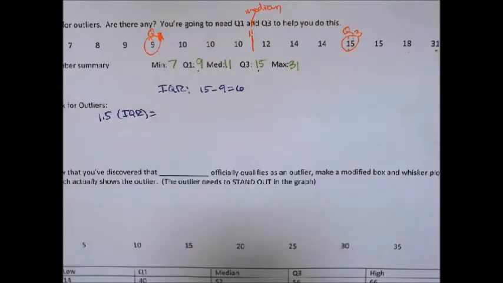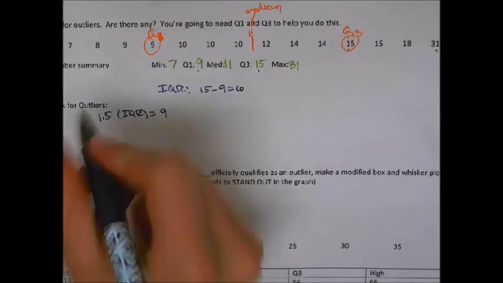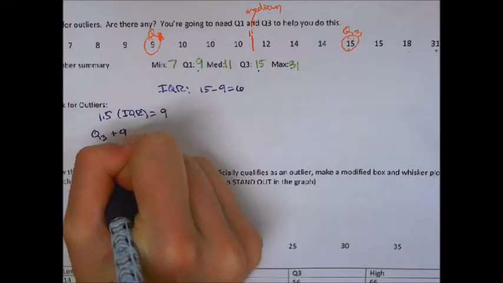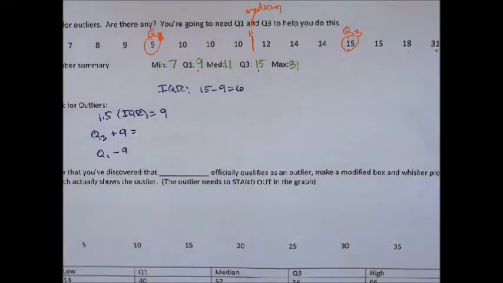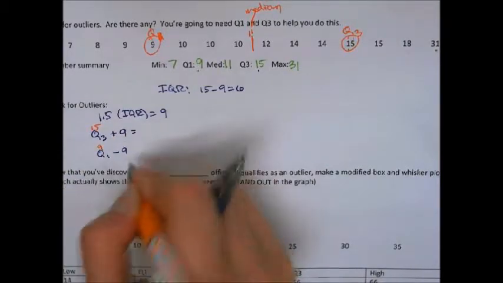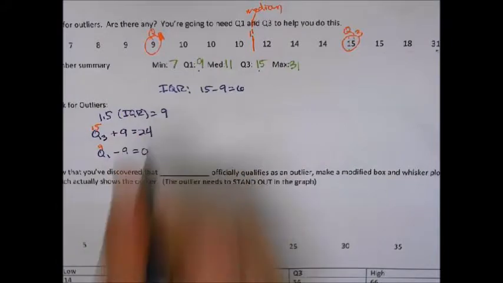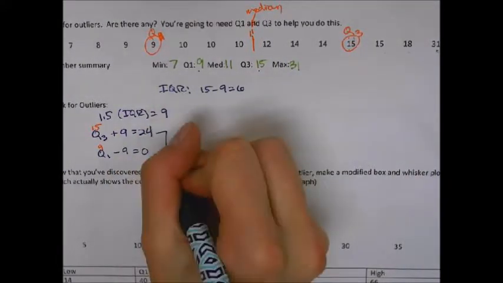So 1.5 times 6 is 9. And then I take Q3 and I add 9. Q1 subtract 9. And I get 0, 24. And these are our fences.